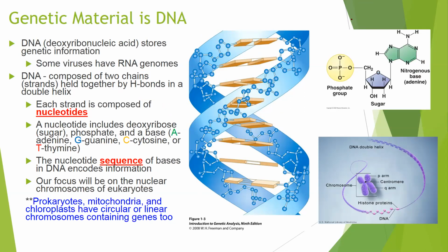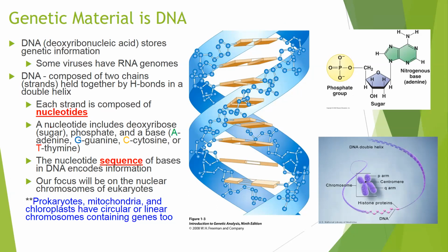I believe everyone has learned the very basic biology to know this topic, right? The genetic material is DNA. DNA is actually two strands, and these two strands are held together by hydrogen bonds and form a very nice double helix structure like this. Each strand is composed of a series of nucleotides.